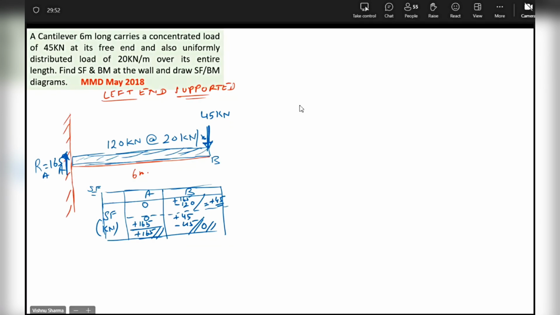Yes, sir. Okay. Now we make the SF diagram. We have only two points, A and B. Our values are plus 165 and plus 45. So, okay, let's say here is plus 165 to a suitable scale, and here is plus 45 to the same scale.